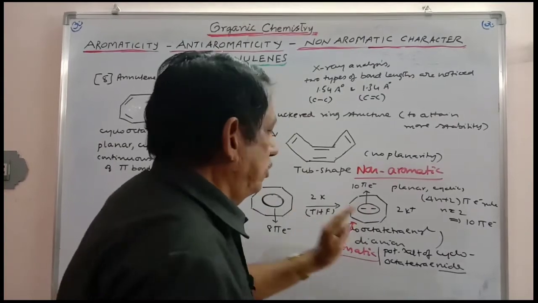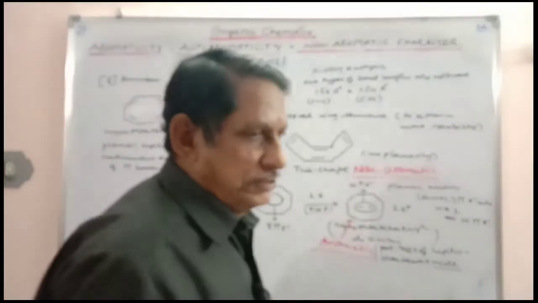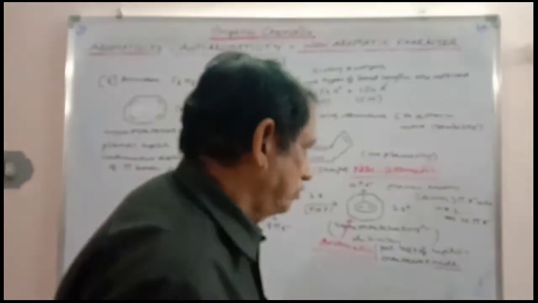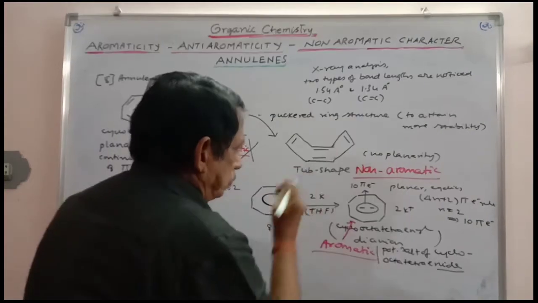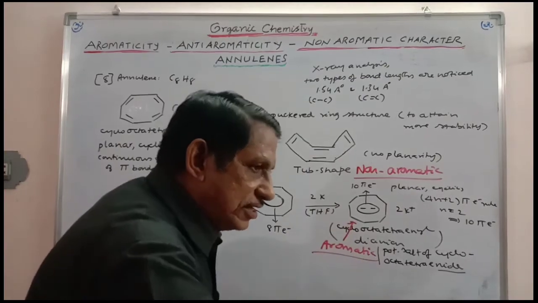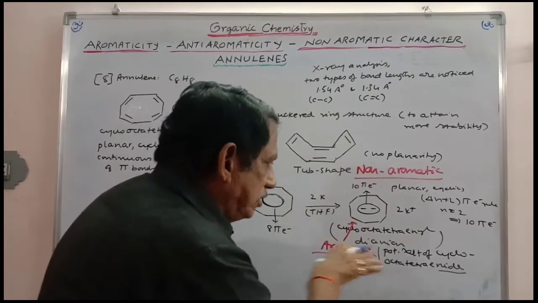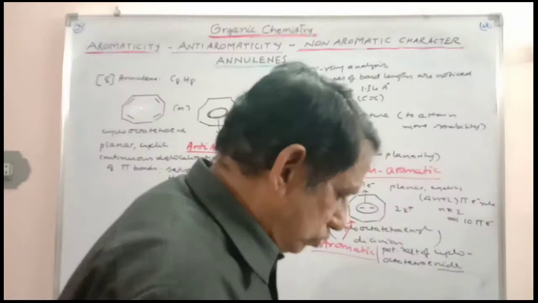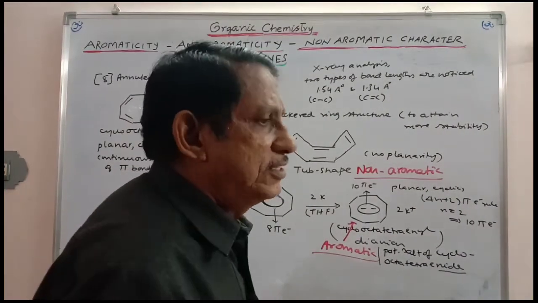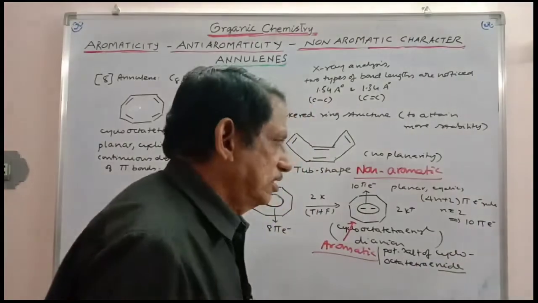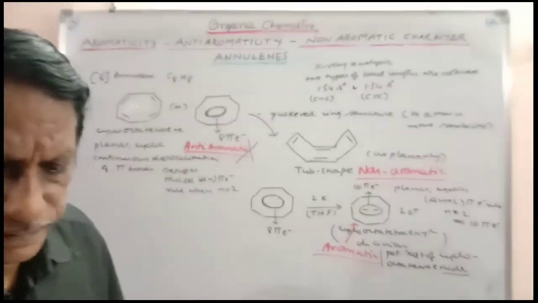So this is converted into aromatic because it is stable salt. So that is also proof to say that it is converted into this. Anti-aromatic is converted into non-aromatic, and in the reaction, non-aromatic is converted into the aromatic character because it is more stable. Okay, this is about the C8H8. Next let us take 10, 12. Please note it.